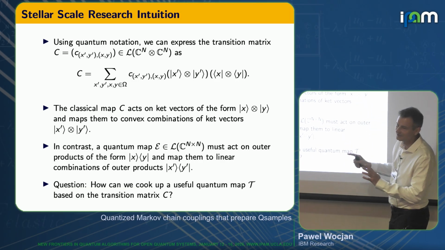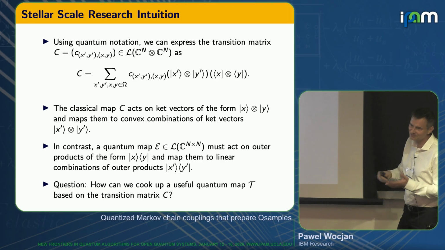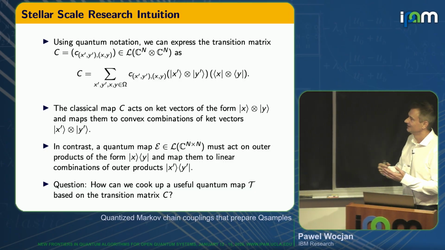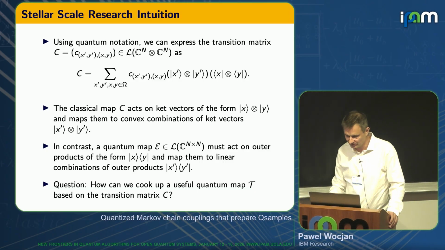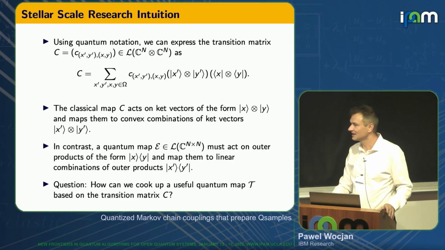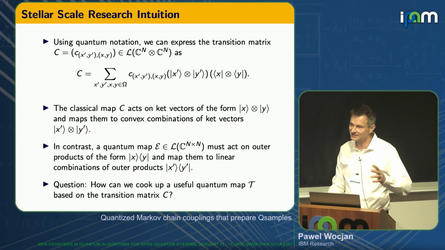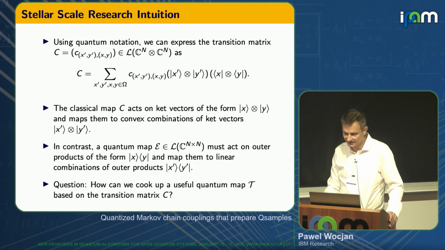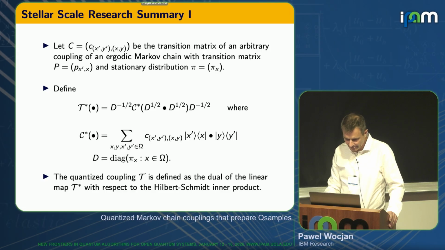So at least there's hope that maybe you can use a coupling to construct a quantum channel. This is how we initially started, and then we were trying to see what we have to do to make it work.